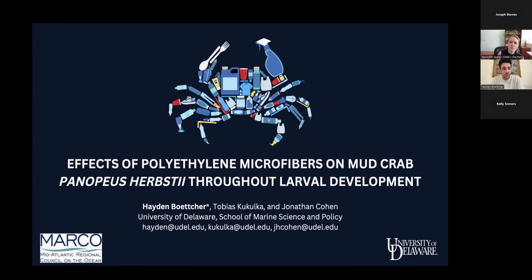Initially, when I set out to do this research, I really wanted to target blue crab larvae, just because they're really important both economically and environmentally. But when I tried doing those experiments in the lab setting, the amount of mortality in the larvae was just too high to get really good data out of. And so we ended up switching to a surrogate species, which is the mud crab Panopeus herbstii. And so today I'm going to be talking about the data and results we collected from those experiments.